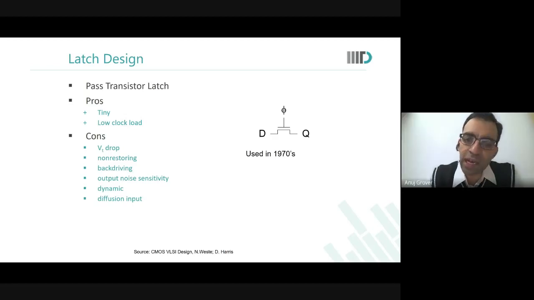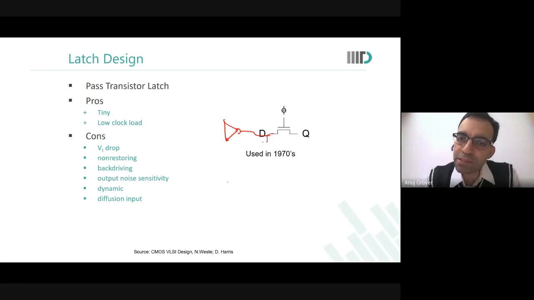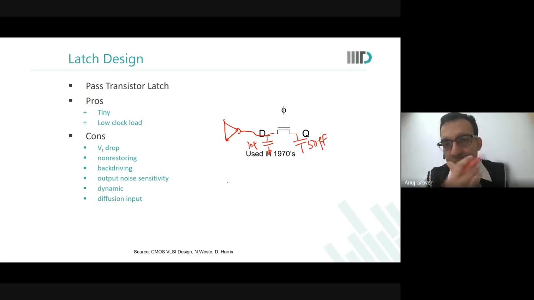So let us say I ask you to design an inverter. This inverter is driving this latch. There is a capacitance of 10 femtofarads over here, and there is a capacitance of 50 femtofarads over here. Let us say. ऐसा हो सकता है? Is this a realistic case?